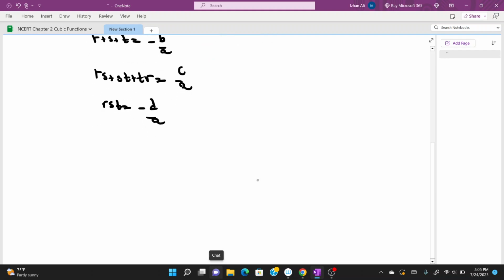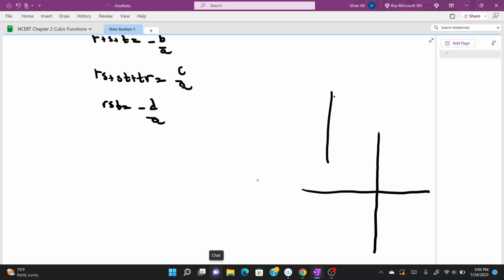If you ever have a graph of a cubic, if they ever give you a graph, that's better. And so the roots are the amount of times it crosses over the x-axis. So something like this.